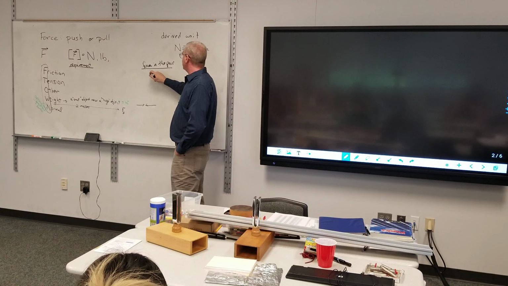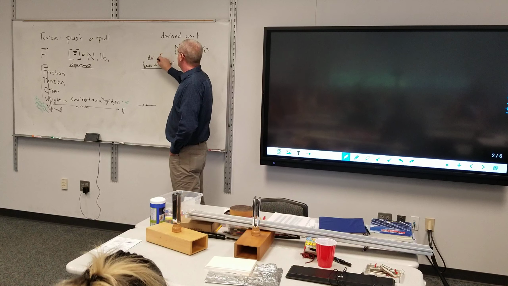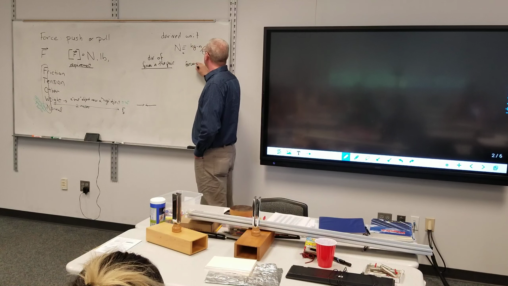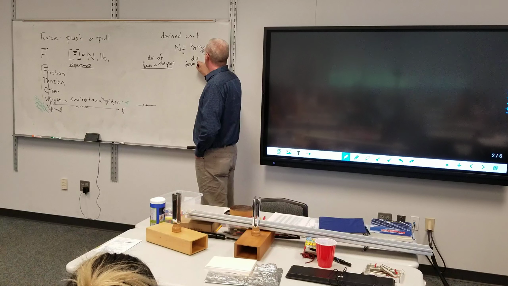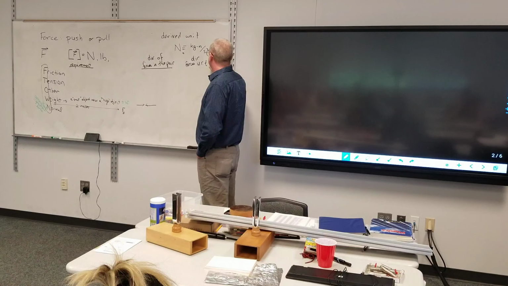I guess this is forces in the pair, direction of forces in the pair, and then direction of forces with respect to the objects.